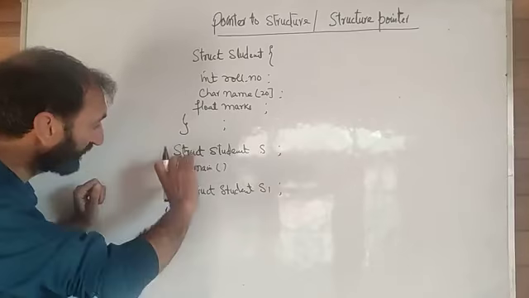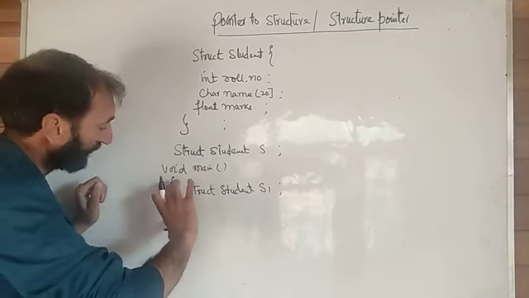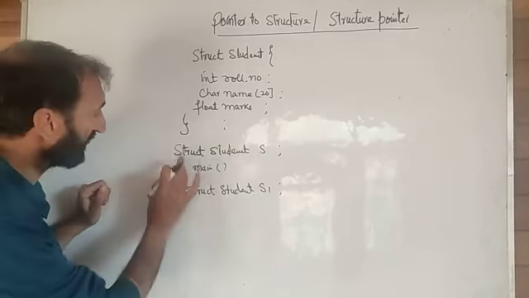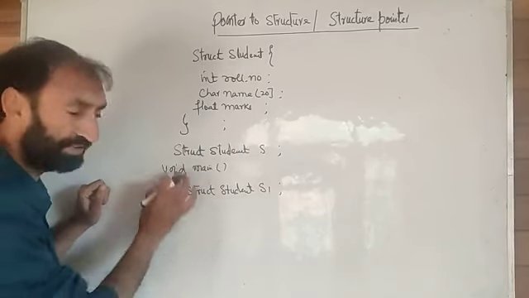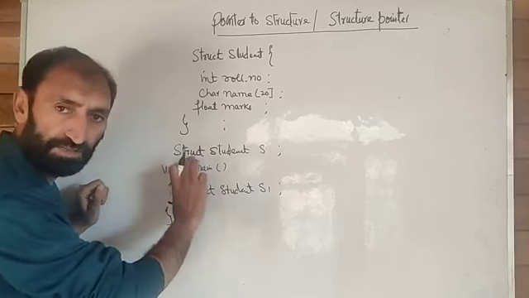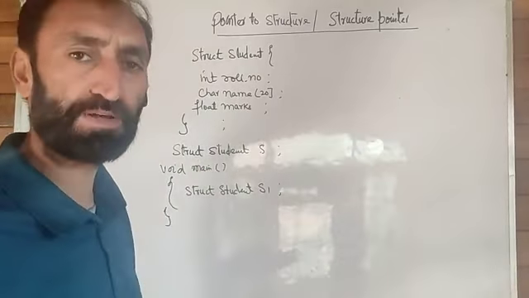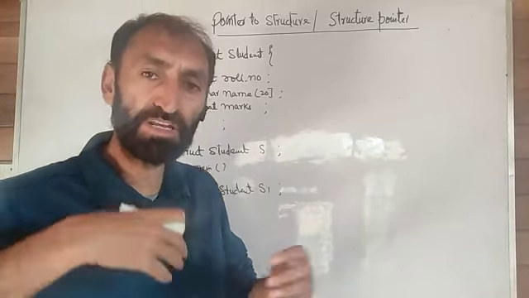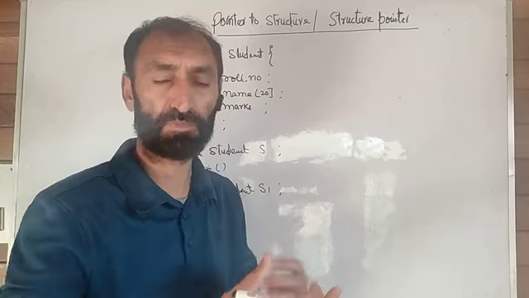Here I have declared this struct student outside the body of main, outside this main function. It is global in nature. We know that global variables can be accessed from any function of the program.